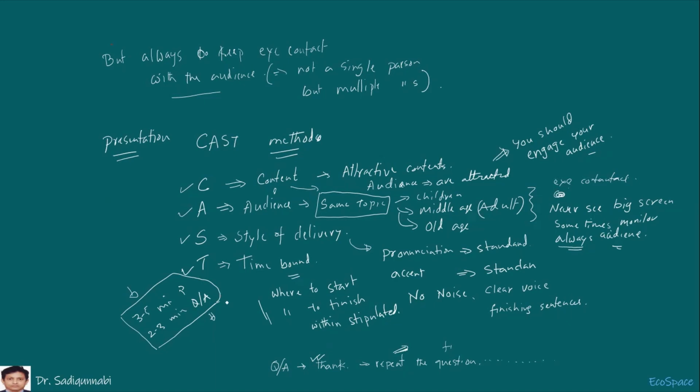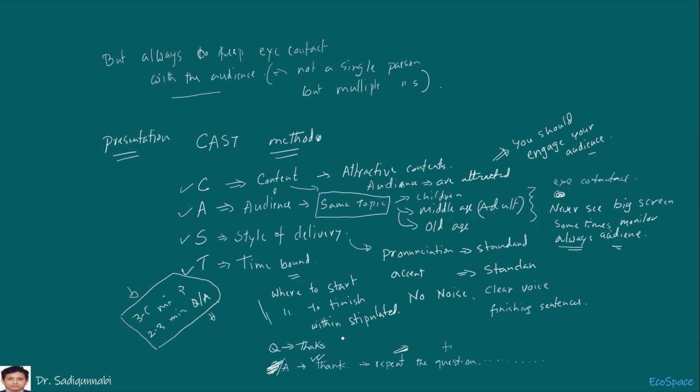And those who are asking questions should follow some norm. And what is the norm? For a question, you start with thank you very much, with thanks. Thank you very much, you have given a nice presentation.